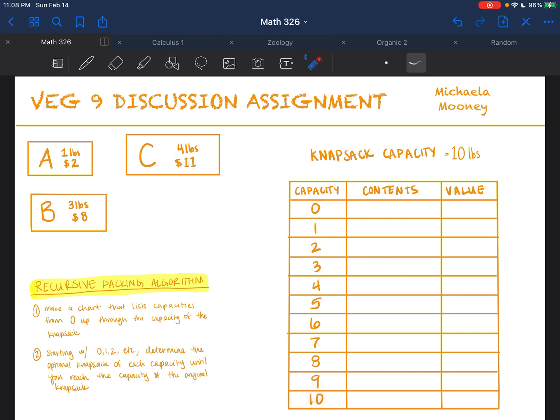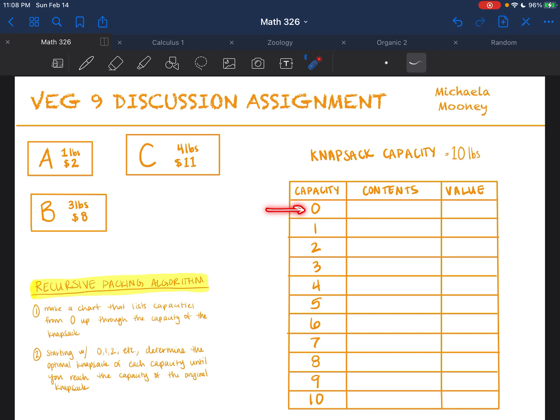Because if we have the optimal combinations for each of these, then we can use those to help us find our 10-pound knapsack's best optimal combination of our little blocks here. That will give us the highest value. So, how do we do that? I will show you.